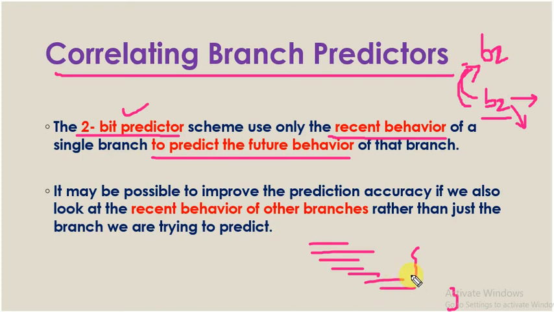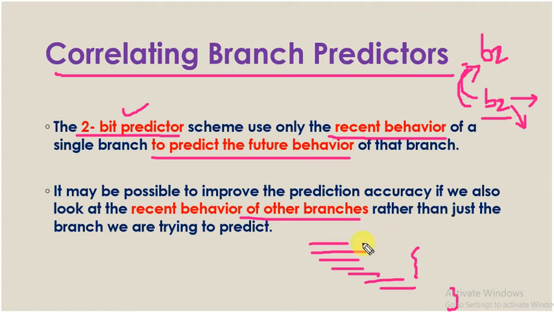It may be possible to improve the prediction accuracy if you also look at the recent behavior of other branches, rather than just the branch we are trying to predict. The 2-bit predictor is always looking at the behavior of the same branch. If B2 is to be executed once again, it will just look at the behavior of the same branch in the previous situation, take what happened there, and continue.